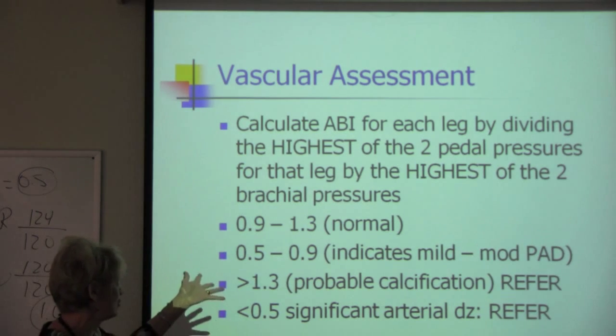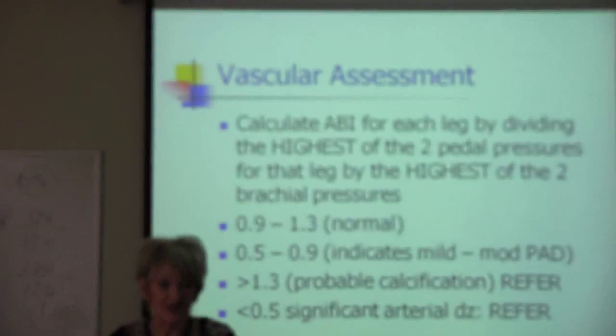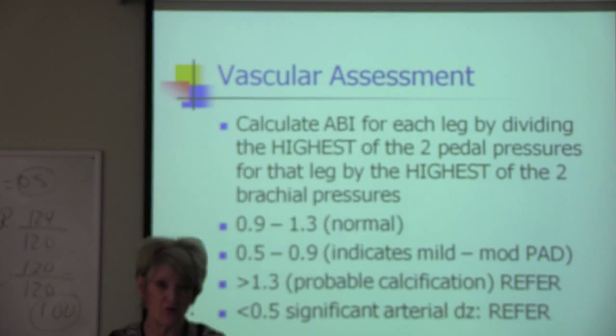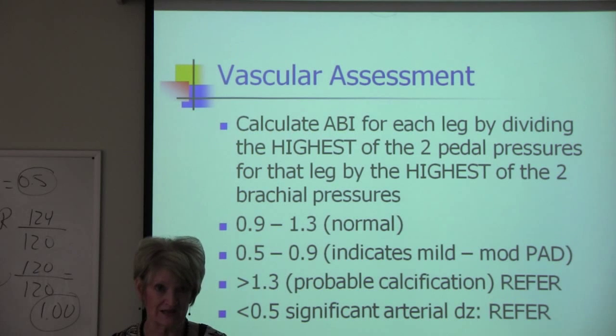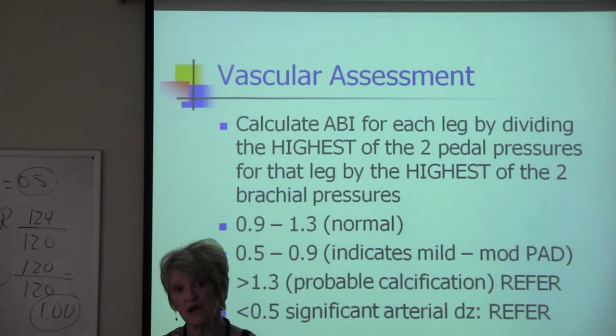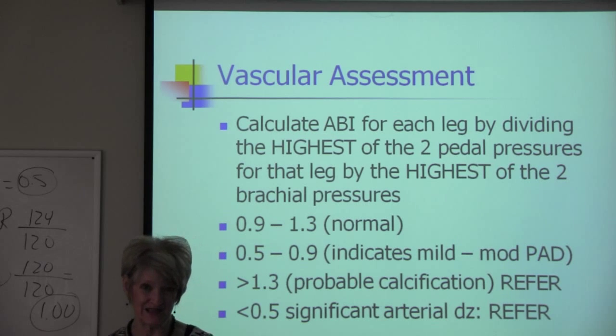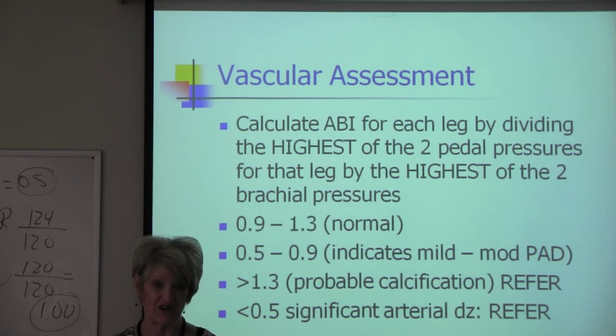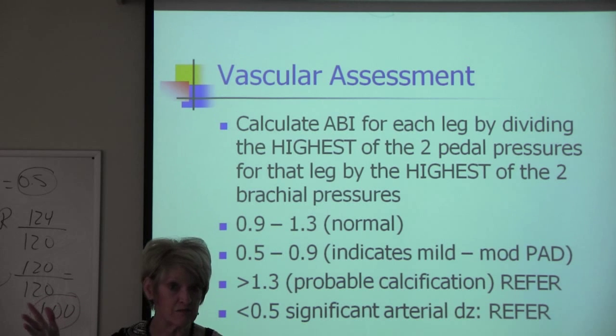So let's look at interpretation. We've already said they should be pretty much the same. So 0.9 to 1.3 is considered normal. That's the normal range. If you're somewhere between 0.5 and 0.9, you definitely have peripheral arterial disease. There is interference to blood flow to that limb. If you're somewhere around, say, 0.7 to 0.9, that's moderately severe peripheral arterial disease.